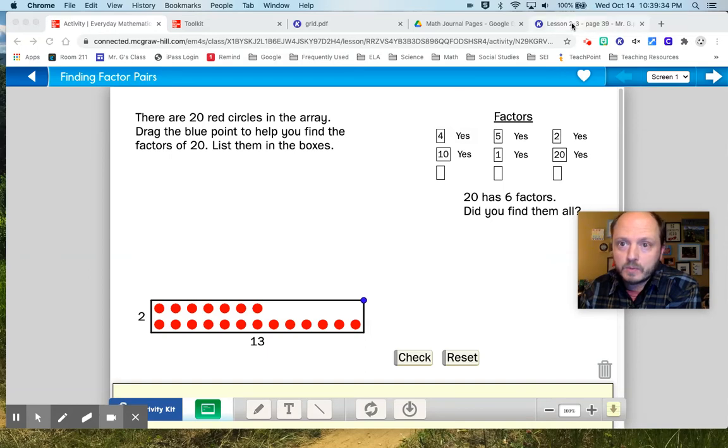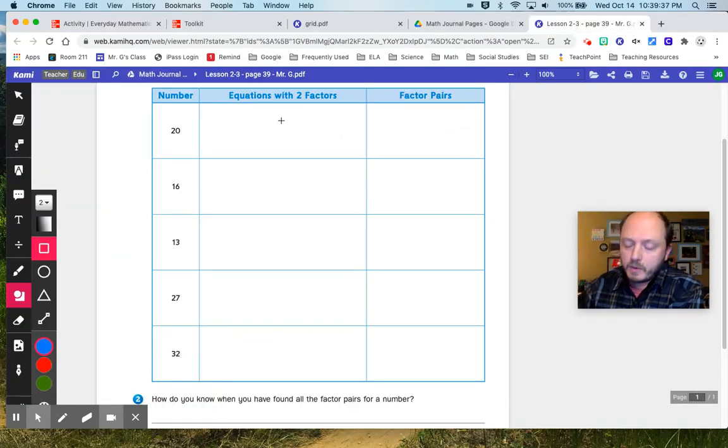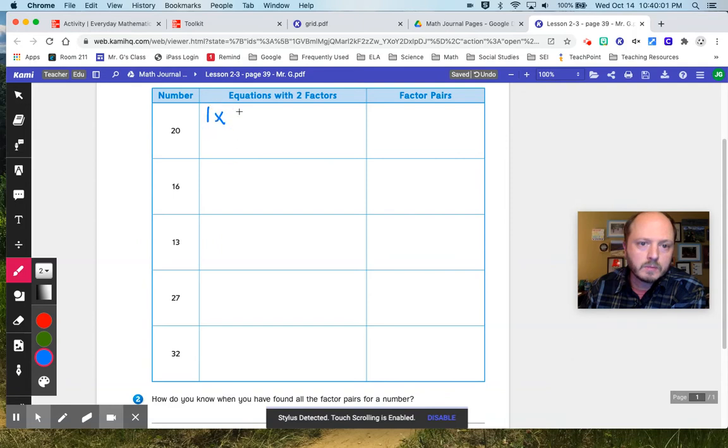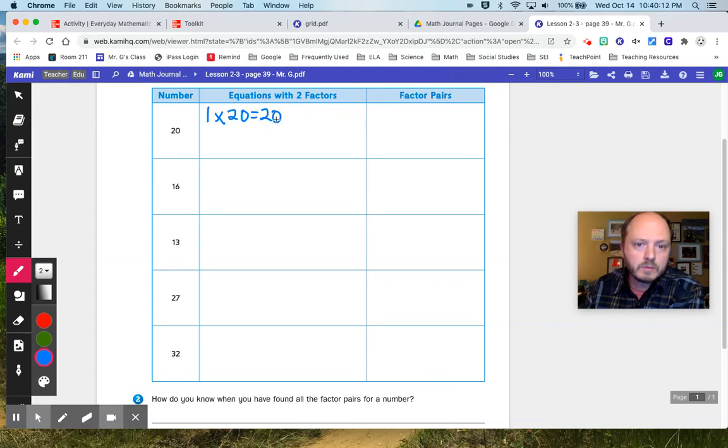But it doesn't help you with actually writing the equations. So what are the pairs that go together? Well, we had 1. Oh my goodness, I'm using the rectangle tool. Let's undo that. There we go. I do like the blue color though. I'm going to go with that. All right, so we have 1 times 20 equals 20. And notice how I did equals 20.